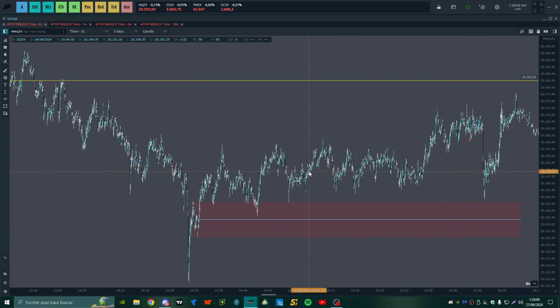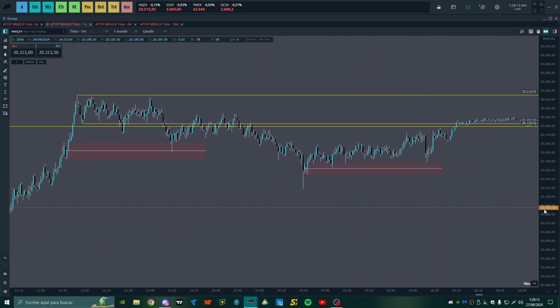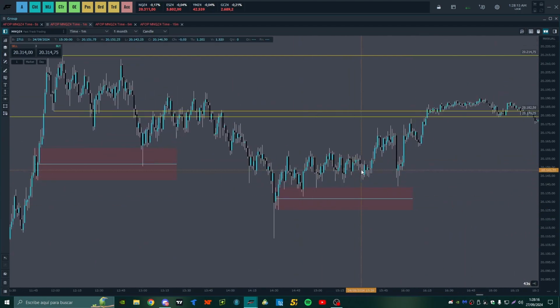What's happening? Why did I take it? Because the price comes from the accumulation. We can see here in a minute. It comes from the accumulation, with bodies, with displacement. As long as I'm in accumulation, and continue to have highs or lows, but with simple wicks and rejections, I consider that we are still in accumulation. When the price moves out with displacement, that's when I look for confirmation to go in the opposite direction.